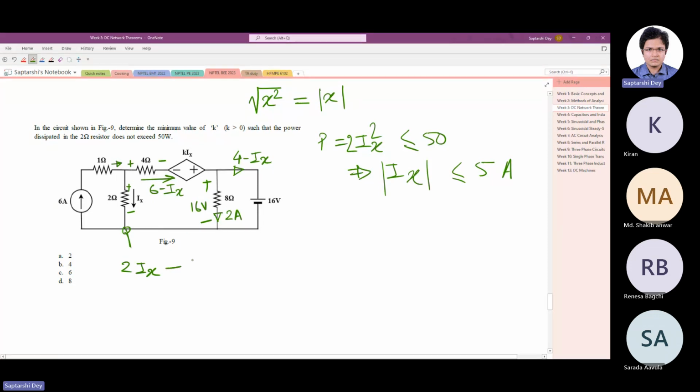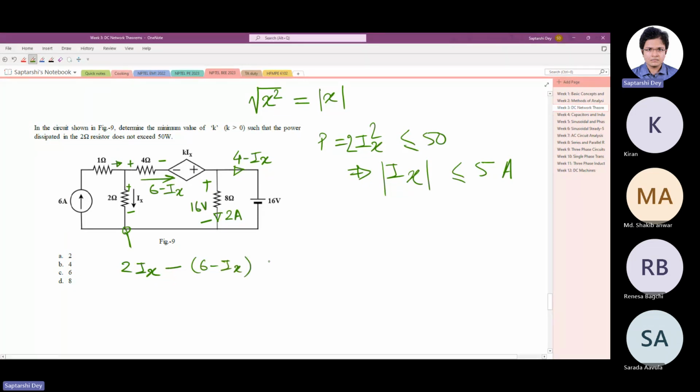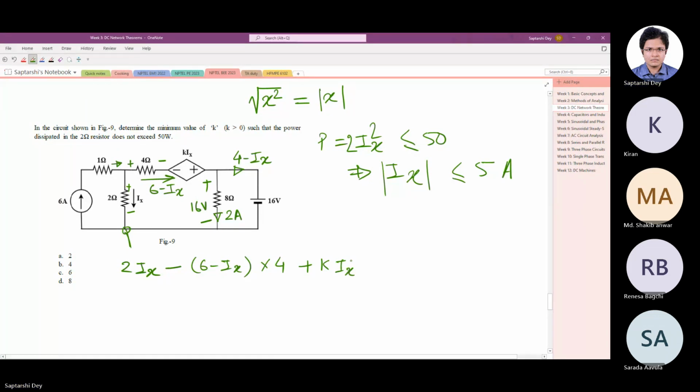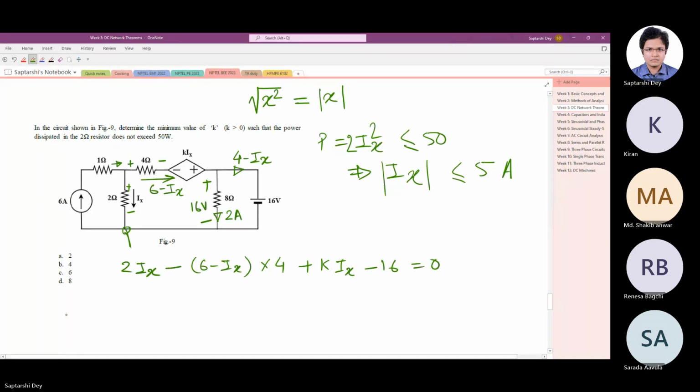Drop in voltage, 6 minus Ix times 4. Again increase in voltage, Kix. Again a drop in voltage, minus 16, 0. Right? Yeah.